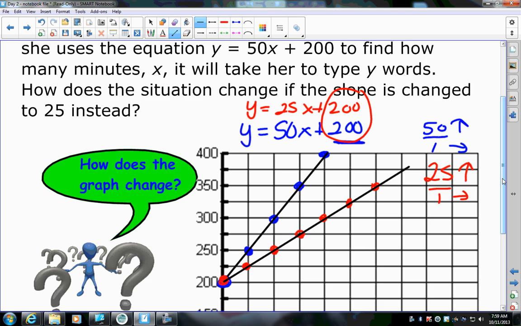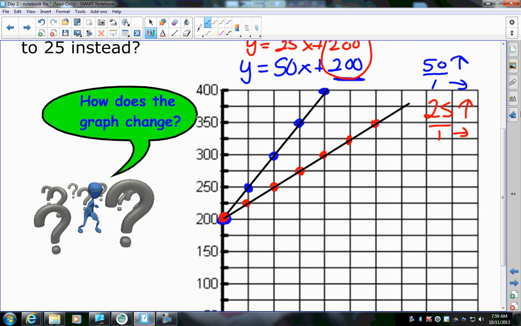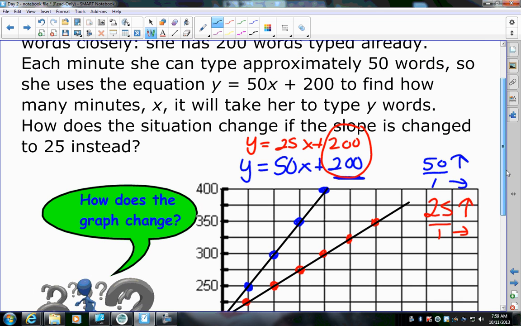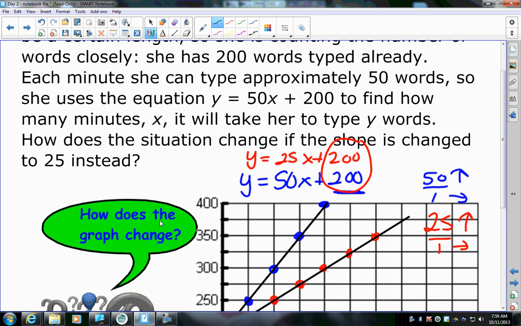How did that change my graph? It made it a flatter line. Okay, so what's happening in my problem?